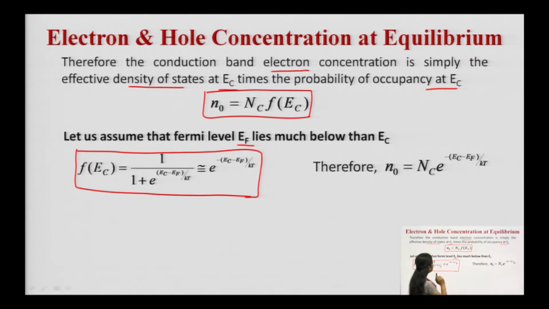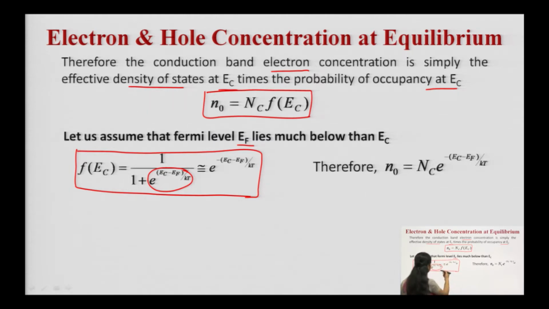Each and every term you know, but here you can see when EF lies much below EC, the value of EF is much less in comparison to EC. This exponential term will have a very high value in comparison to 1. So, when the value of this term is very high in comparison to 1, you can ignore the 1.